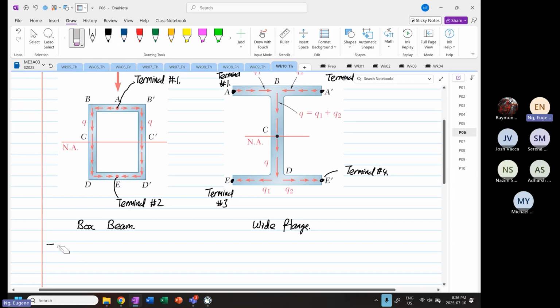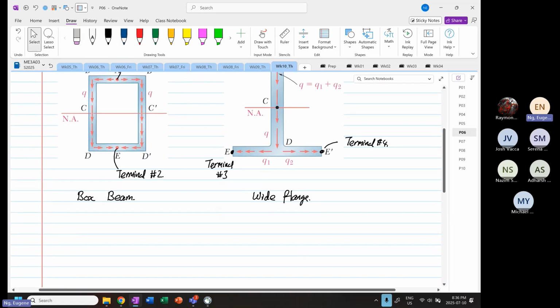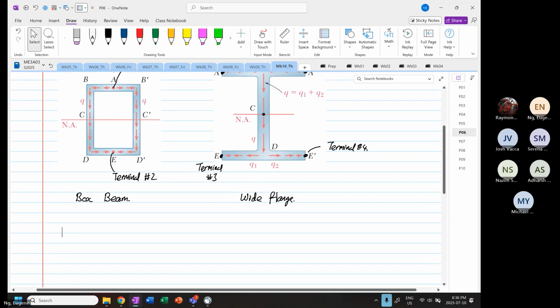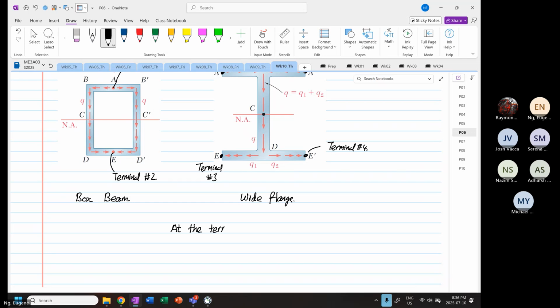At the terminals, for both cases, the shear flow either ends or starts.